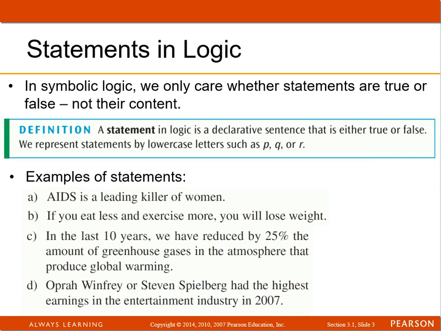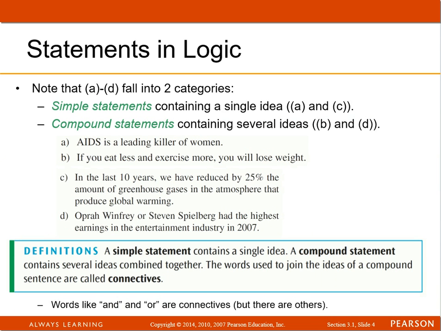And here are 4 examples of statements. I'll let you read those to yourself. 2 of them are considered simple statements, and 2 of them are considered compound. A simple statement just contains a single idea, whereas a compound statement contains several ideas.